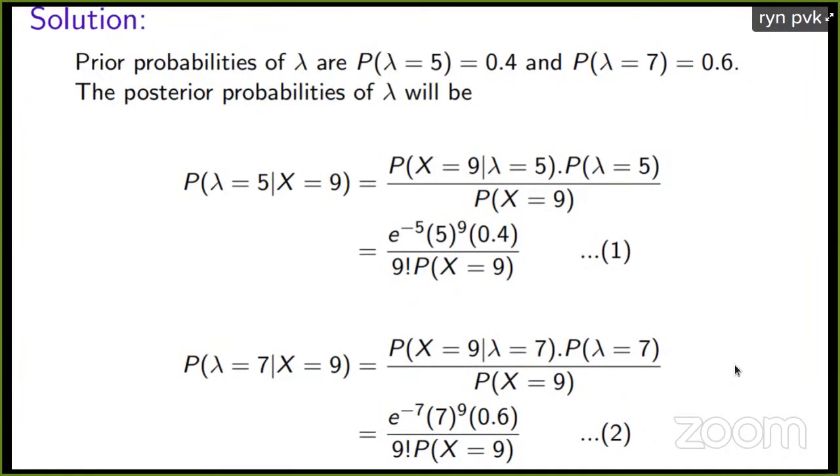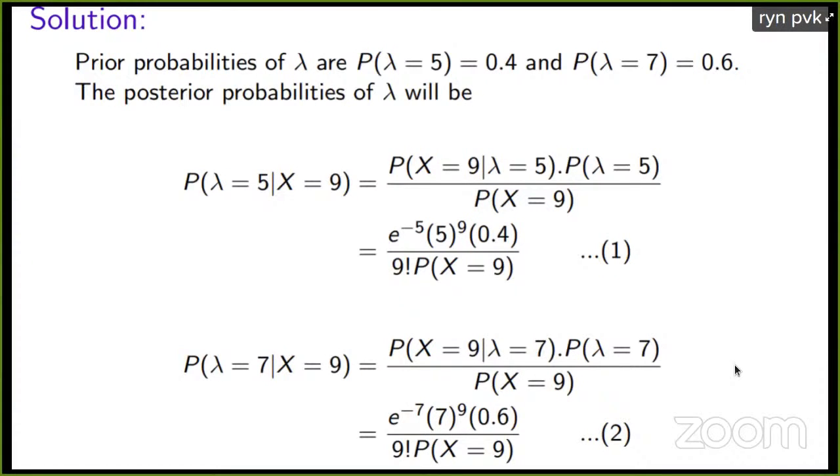Given that 9 customers arrived in 1 hour, what is the probability that lambda will take value 5?